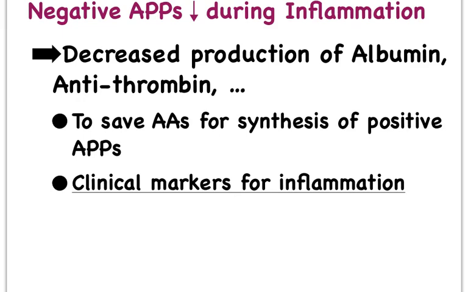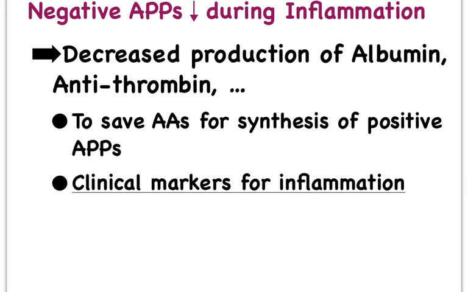Why? Because our body starts to take them apart so that we can use their amino acids to build the positive APPs, which can then increase in inflammation and acute inflammation. So when we see a drop, let's say in albumin, that might suggest to a doctor, oh, wow, there might be some form of inflammation going on.